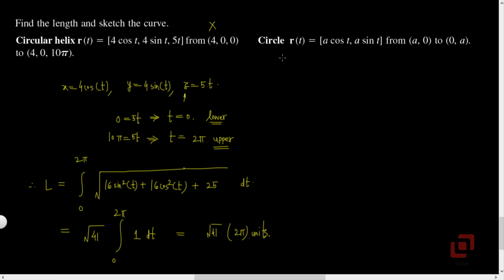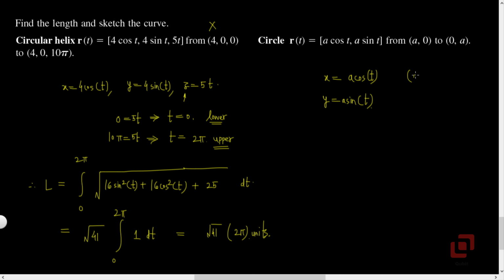Let us now go to the second curve, that is a circle. Well, we already know the formula for the circumference of a circle, so we can verify our answer very easily. This circle lies in the xy plane because there is no z coordinate here. The starting point is (a, 0) and the end point is (0, a). x is given by a cos t and y is given by a sin t.